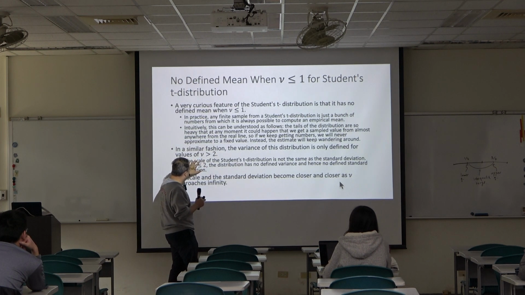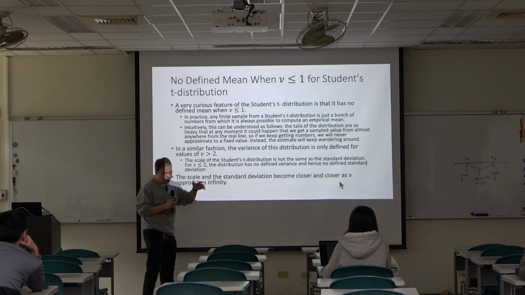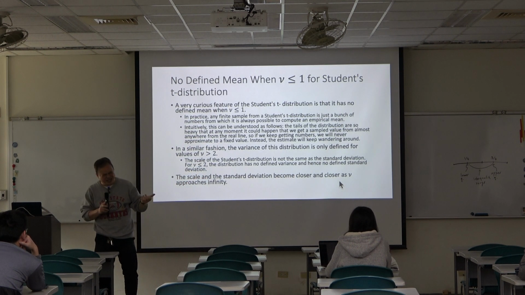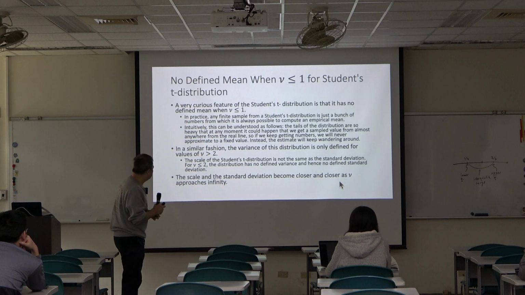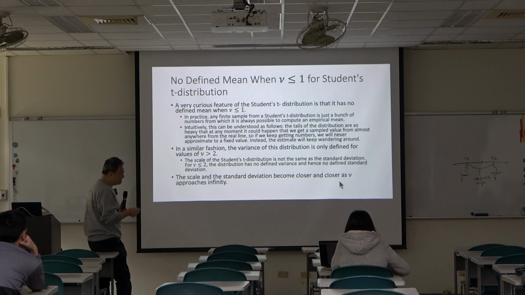I just want to remind you again. Even though I say in some degree they are similar, they are different. Scale and standard deviation become closer and closer when V approaches infinity. That is why I say in some aspects they are similar, but when V is finite, this statement is not correct.